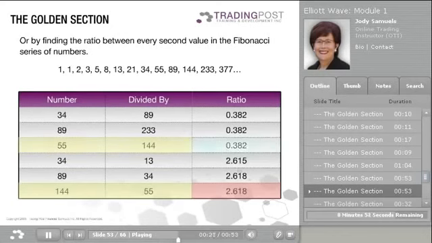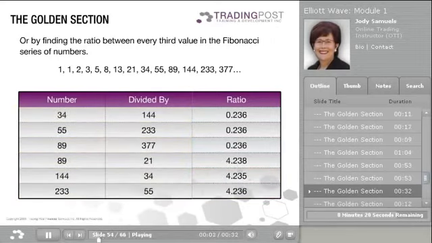Here's another example. 34 divided by 89 equals 0.382, and 89 divided by 34 equals 2.618. Take note of these numbers because in the next two modules we will use these ratios in targeting impulsive and corrective sequences.